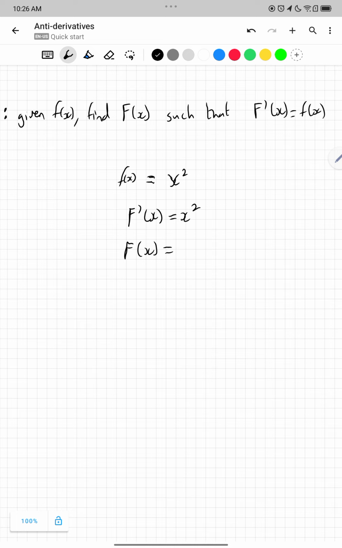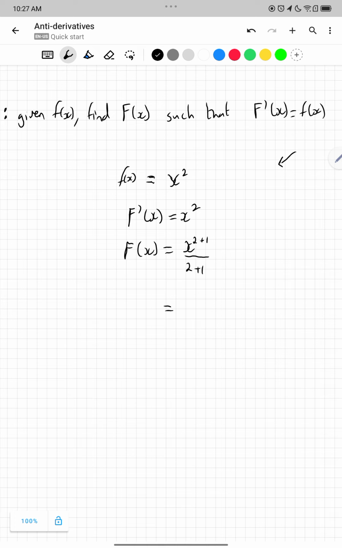When we do derivatives, we multiply the coefficient with the exponent of the variable and then subtract 1 from the exponent. In this case, we take the exponent of the variable, add 1, and divide the whole thing by the new exponent.